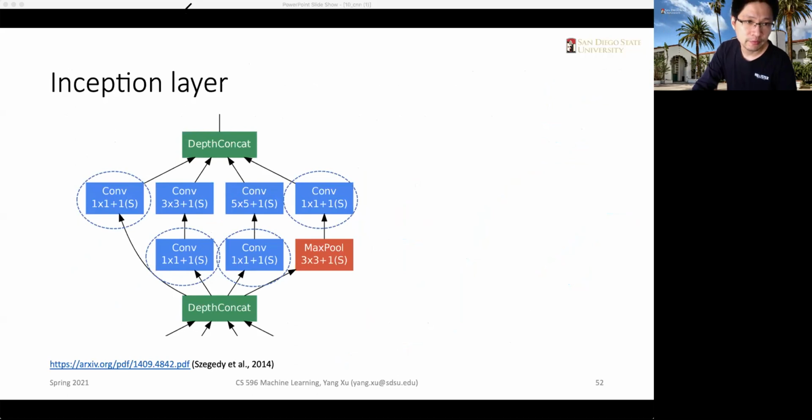But as I said, I didn't show these one by one filters. These one by one filters have the purpose of saving computation time for the 3x3 and 5x5 filters applied directly.